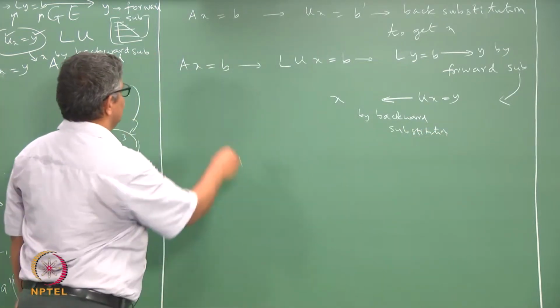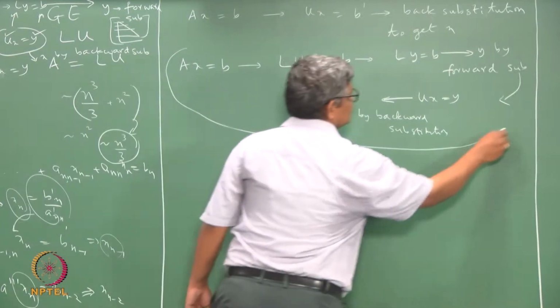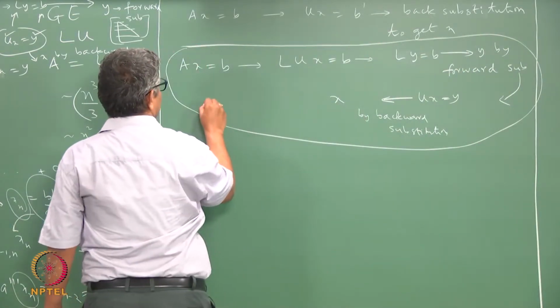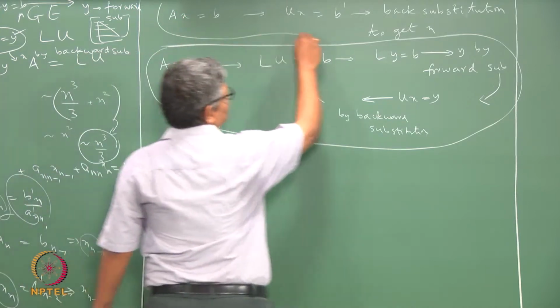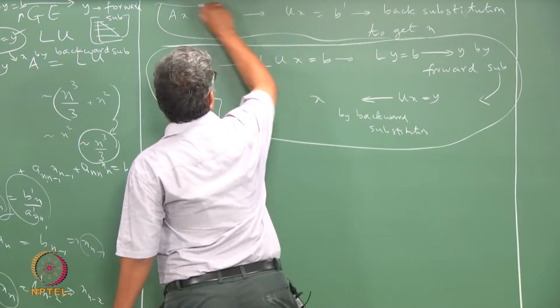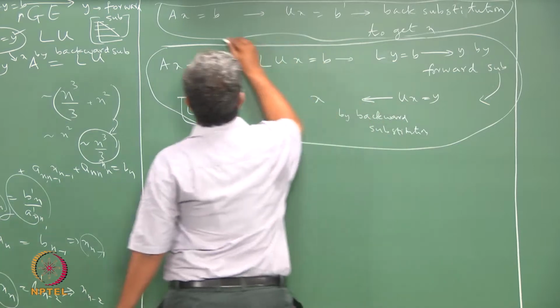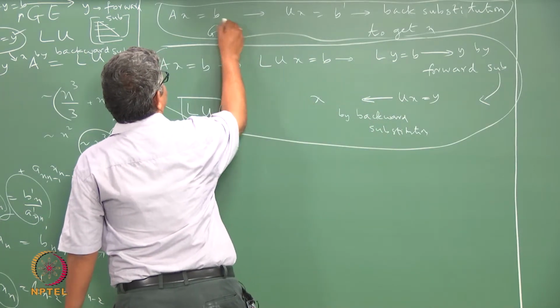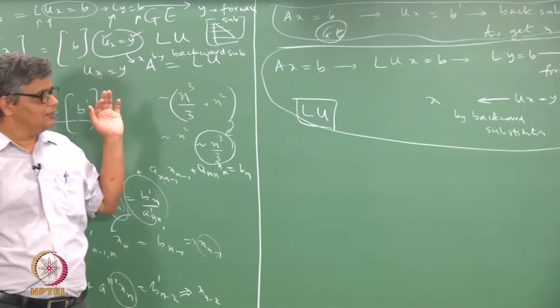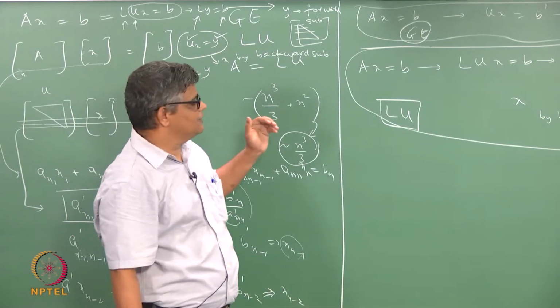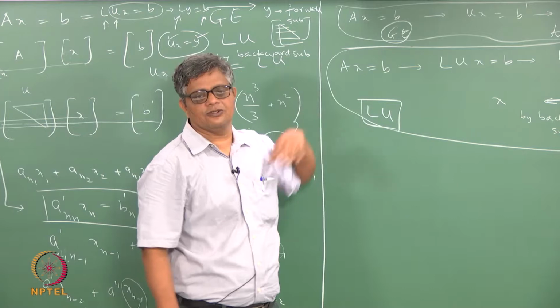Okay, so this is the essence of the LU decomposition method, and this is what we are doing in Gaussian elimination method. Both of them are good methods for the general case of Ax equal to b.